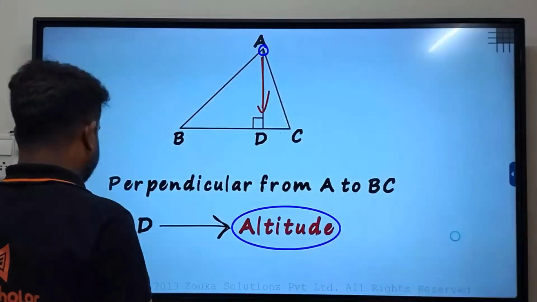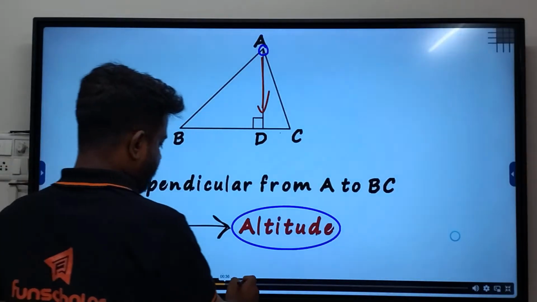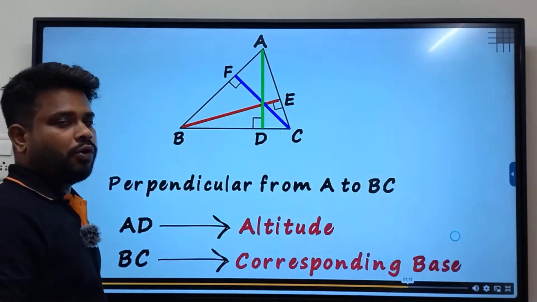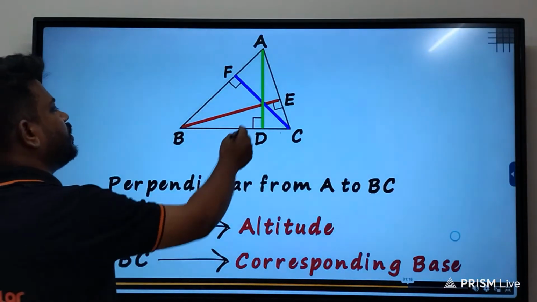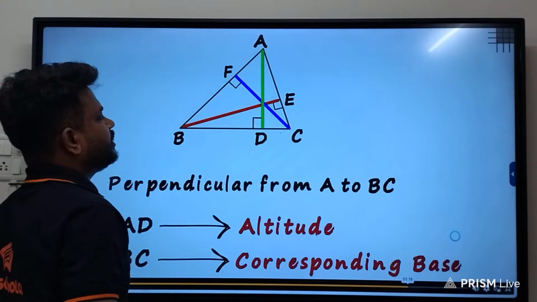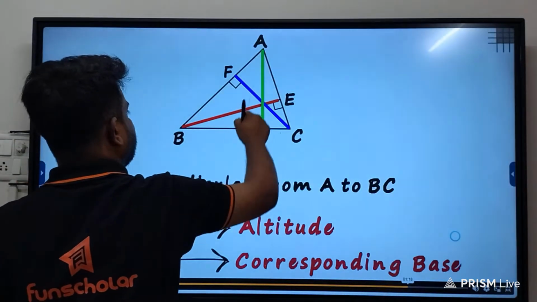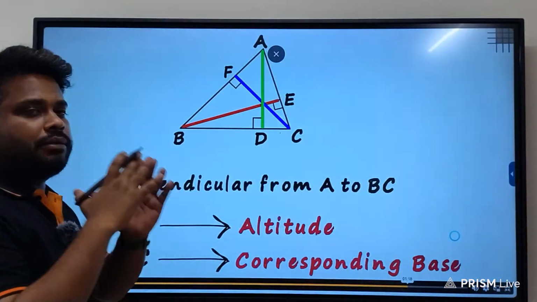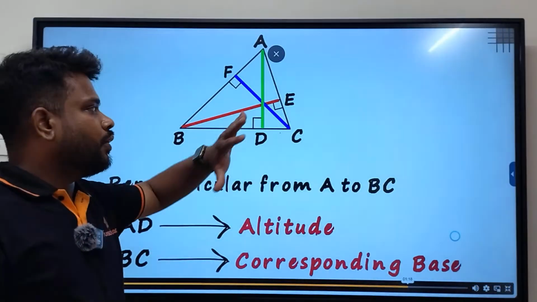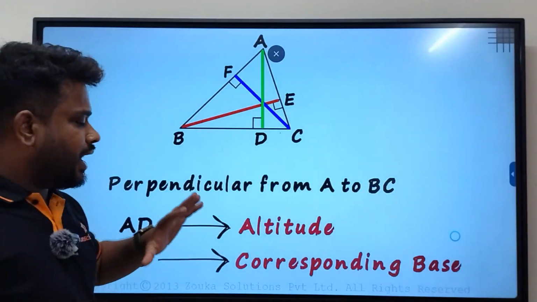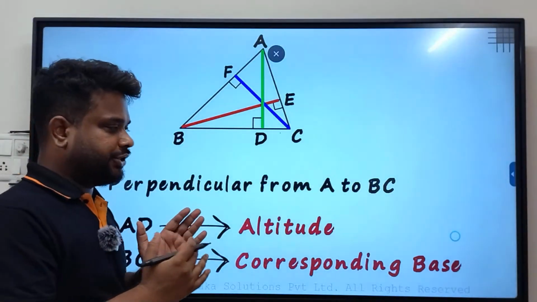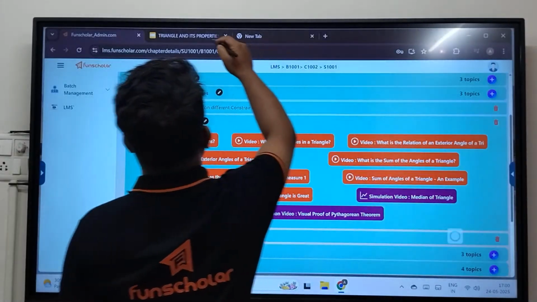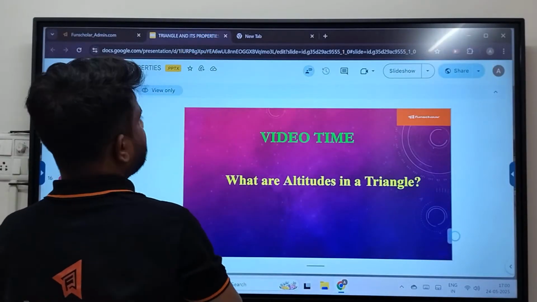So let's go further. They have just drawn all the perpendiculars here. So the orthocenter will be in this position, and the medians will be maybe in this position. So their positions won't be together, they have different positions. Okay, let's go further.